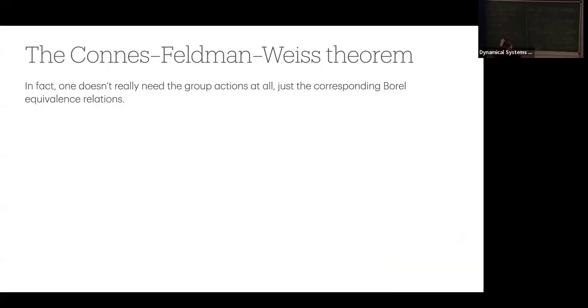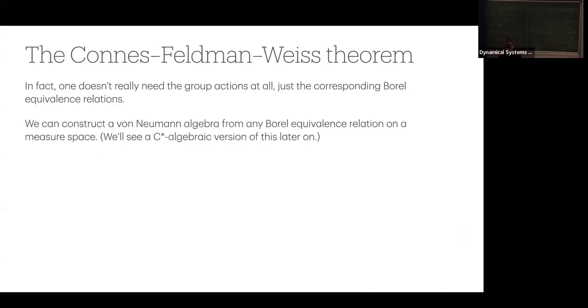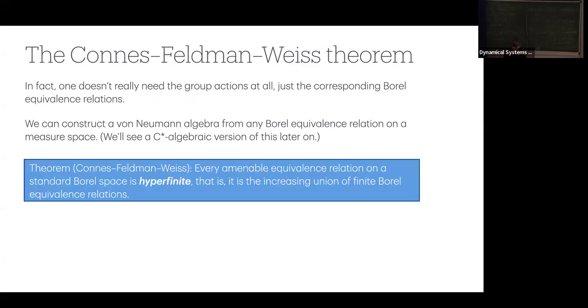And in fact, one really doesn't need group actions at all, just the corresponding Borel equivalence relations, which were introduced again this morning. So we can actually construct a von Neumann algebra directly from a Borel equivalence relation on a measure space; it doesn't need to have a group action involved. Later on, when I talk about C-star algebras, which I'm much more familiar with than von Neumann algebras, you'll see some version of this, essentially. And then Connes, Feldman, Weiss showed that every amenable equivalence relation on a standard Borel space is hyperfinite.